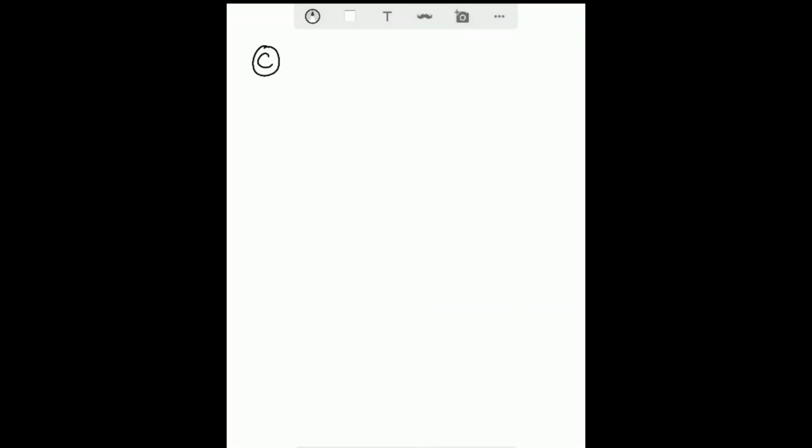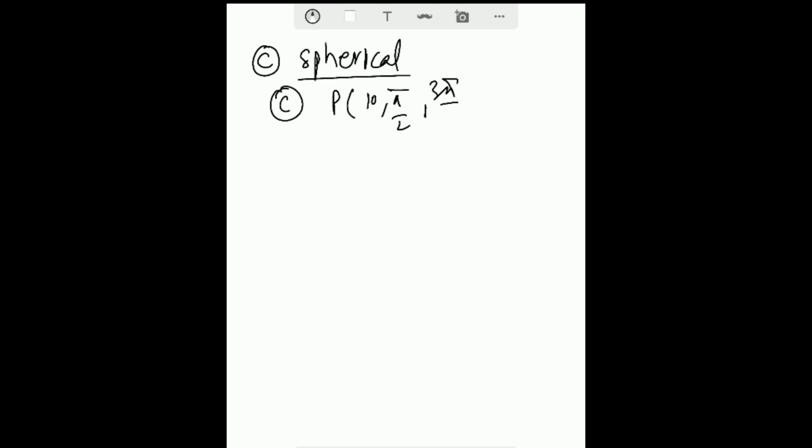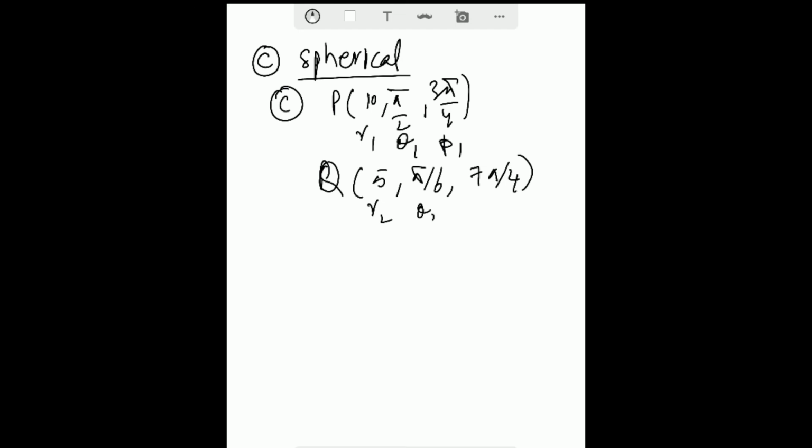So the C part is spherical, and the point P is given by 10, pi by 2, 3 pi by 4, and this is actually r1, theta 1, phi 1, and Q is 5, pi by 6 and 7 pi by 4, and this is again r2, theta 2, phi 2.